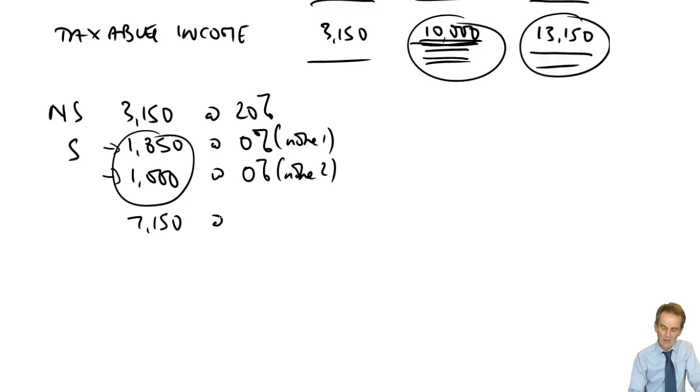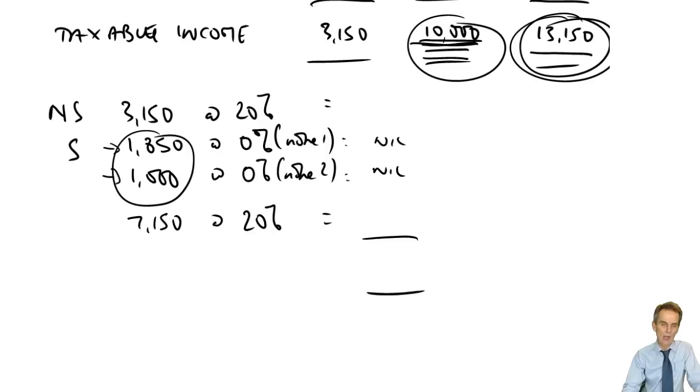And that, again, we know we're only a basic rate taxpayer, so we follow the same tax rates as for non-savings, and that is in the basic rate band, so it's taxed at 20%. We do our calculations, obviously each of these is nil. We get our 3,150 at 20, 7,150 at 20, get your tax liability figure as a result.